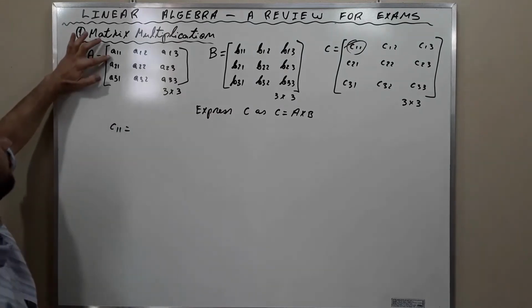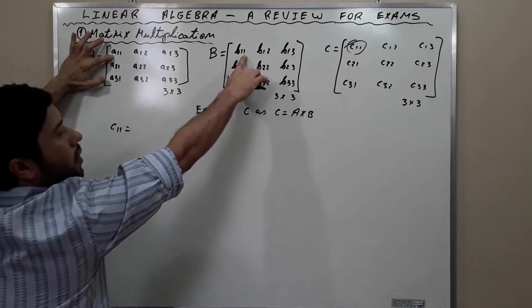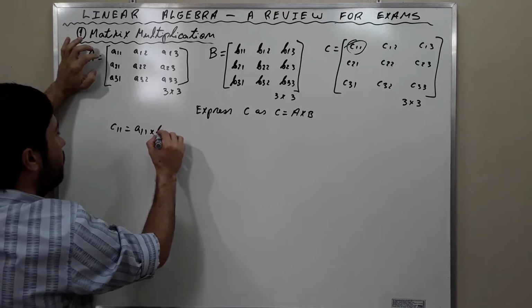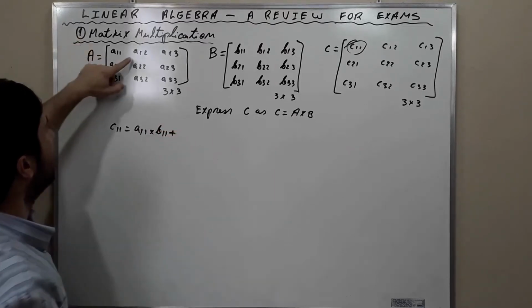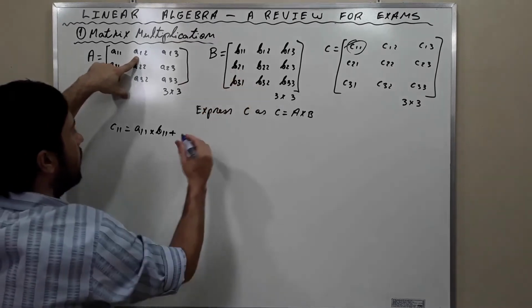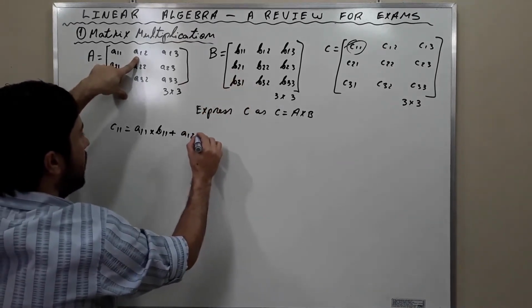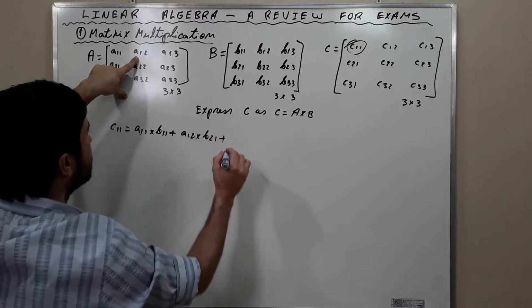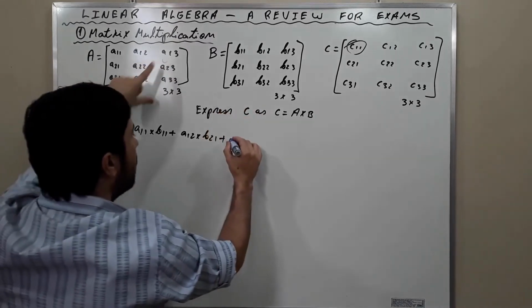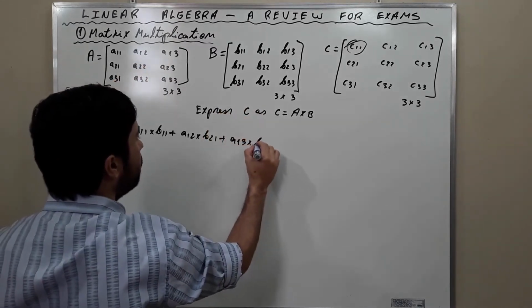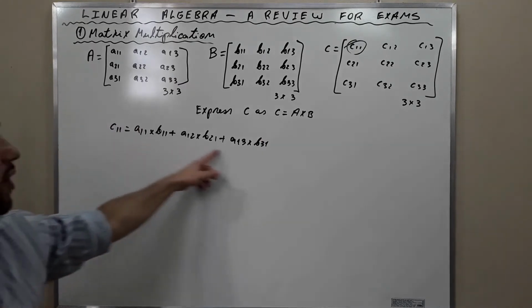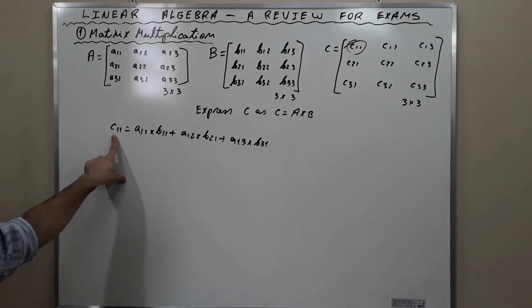We multiply then A11 times B11 plus A12 times B21 plus A13 times B31. Okay? And with this calculation, we find the C11.